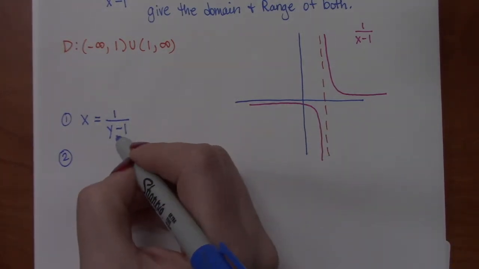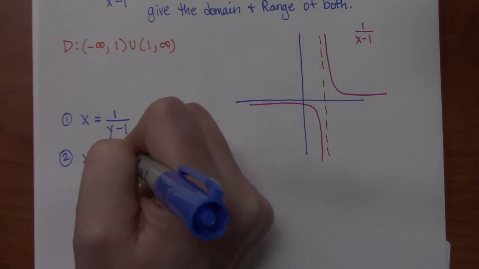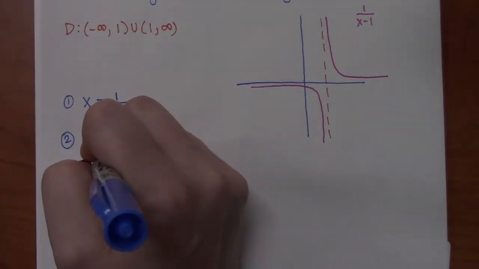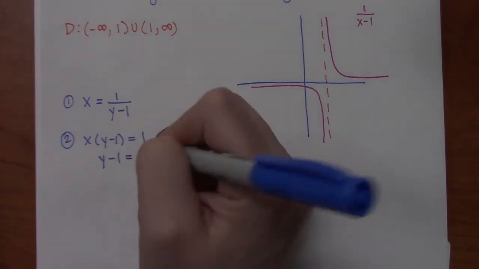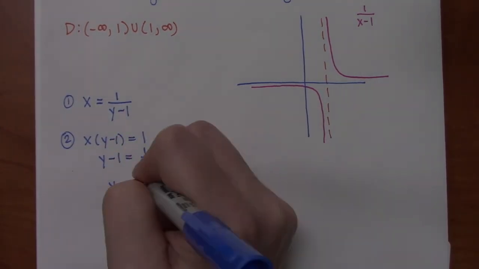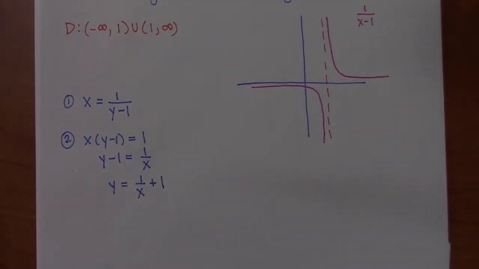So we'll multiply both sides by y minus 1. Then I'm going to divide both sides by x. And then I'm going to add 1 to both sides.